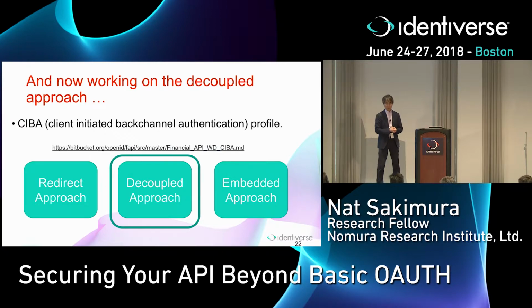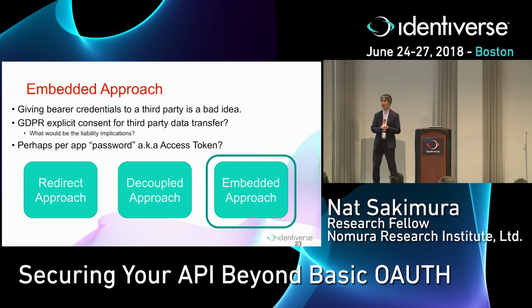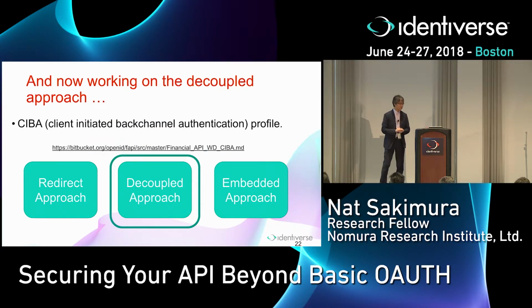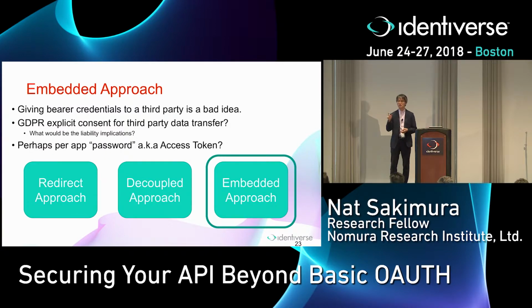And that was one of the causes for reluctance to adopt that, and because of that, they were asking for something called embedded approach, which takes users' username and password into the relying party application and passes it along to the IDP, but that's a very bad model. So we're working on it, and if you're interested in working on something like that, please do come to the working group. Within a couple of weeks, we'll probably be finalizing a lot about this flow.